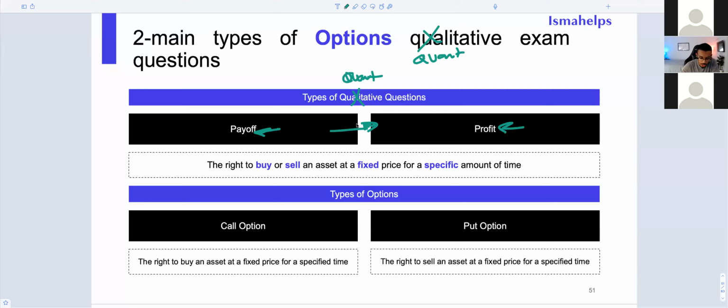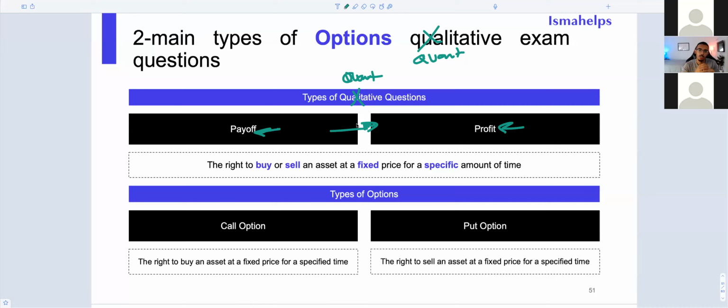The only thing I'd like to share before we jump into some questions is, one, a definition of what an option is, and two, how to visualize an option and the general practice being done here. As you can see on the screen, an option is the right to buy or sell an asset at a fixed price for a specific amount of time.